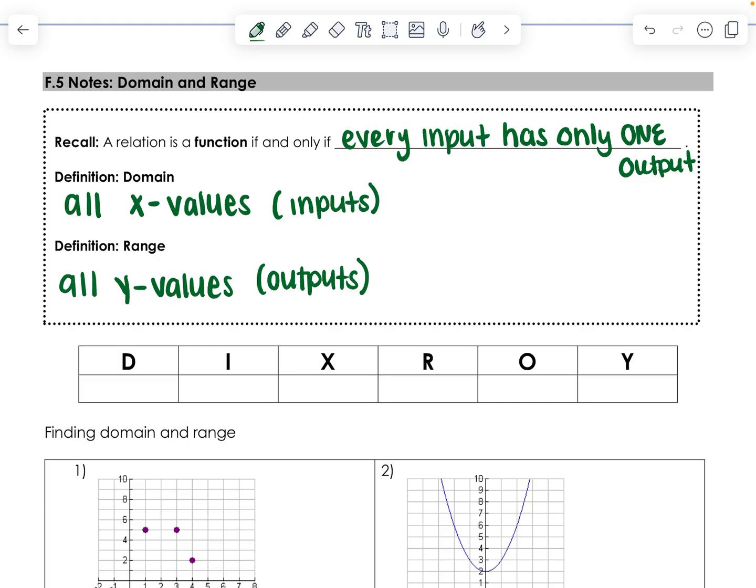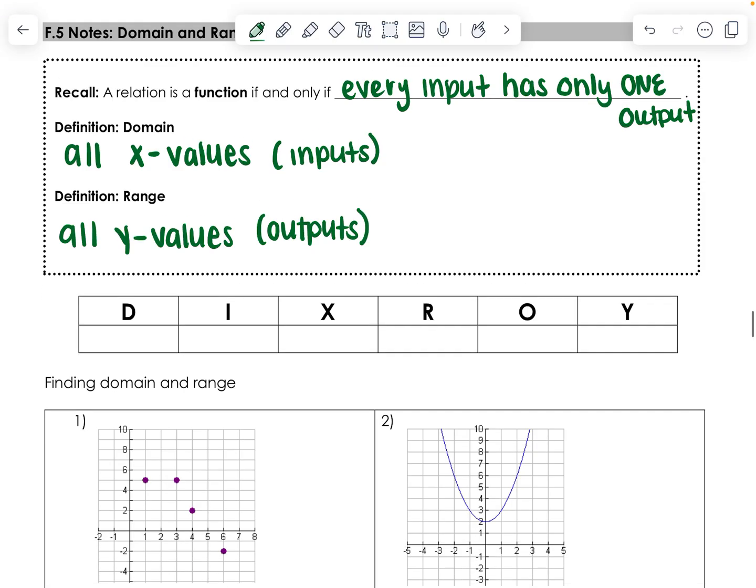There is a way that we remember all this. We have this little acronym we use, and that is DIX-ROY, where D stands for domain, I stands for inputs, and X stands for x coordinates.